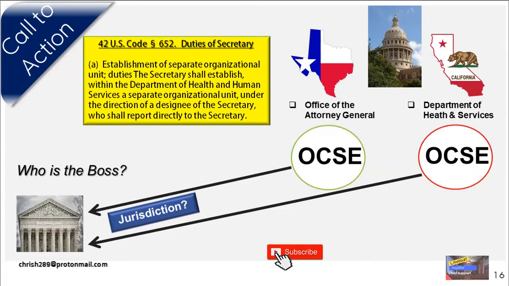But if you follow the Constitution, again, we go back to the Supremacy Clause, it is impossible for the Office of Child Support to be in the Attorney General's office, which is why, in my opinion, the Texas AG office is unconstitutional, and you should be able to use the Constitution to defeat them, because this is not what the code says.